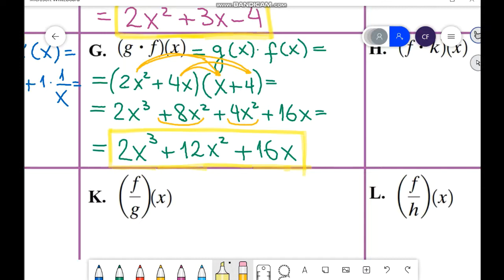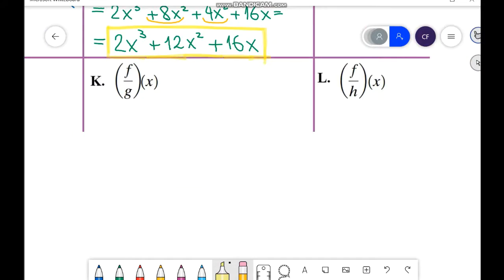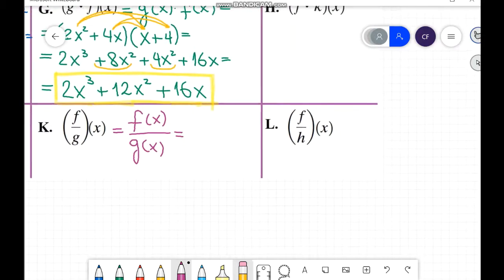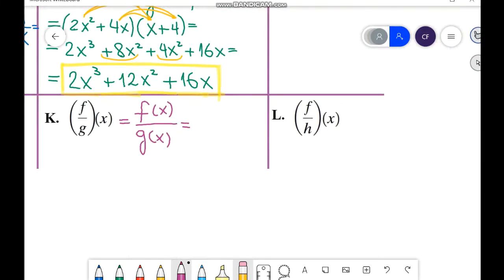Thank you, Leonardo. And we have division here. F over g of x is going to be the same thing as f of x over g of x. You just have to write down f of x, which, if I remember, is x plus 4. G of x, if I'm remembering, is 2x squared plus 4x, right?